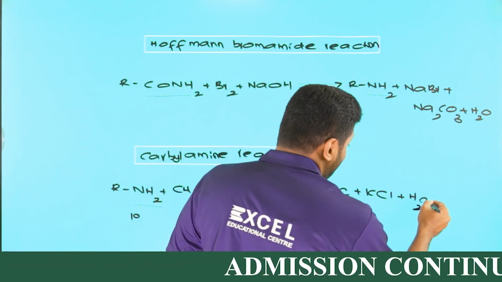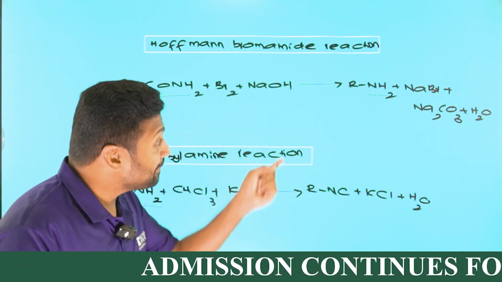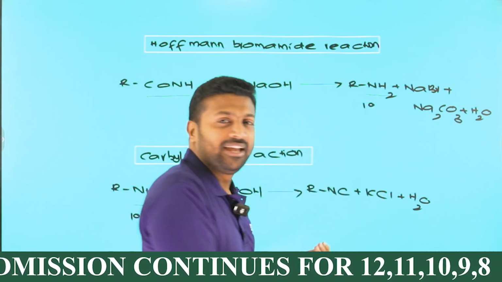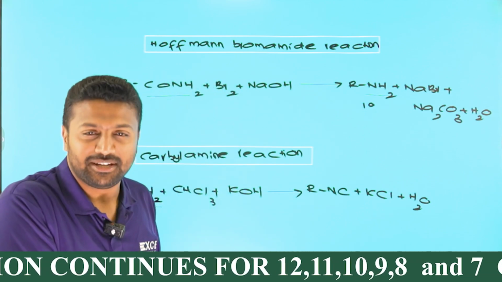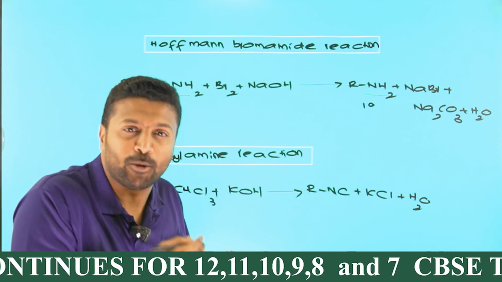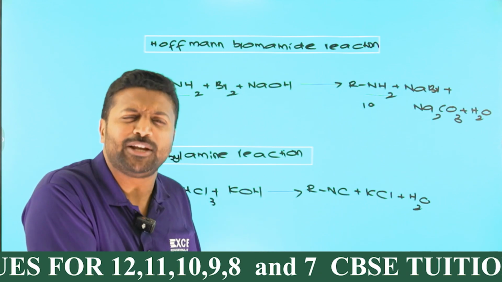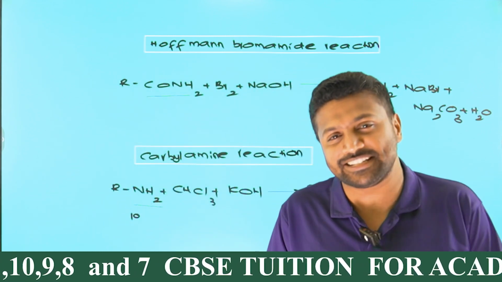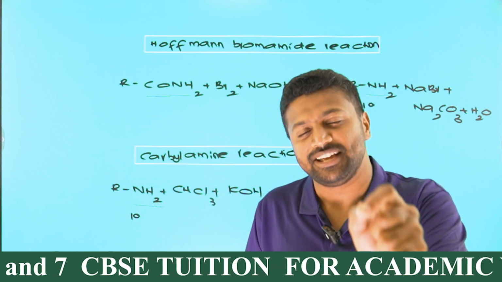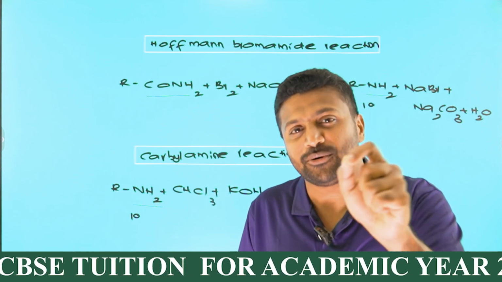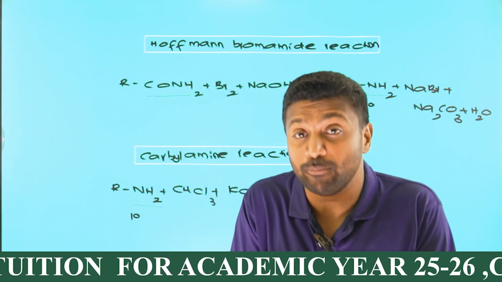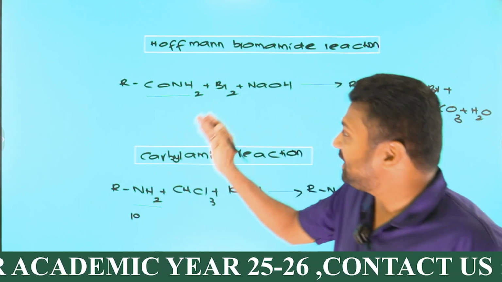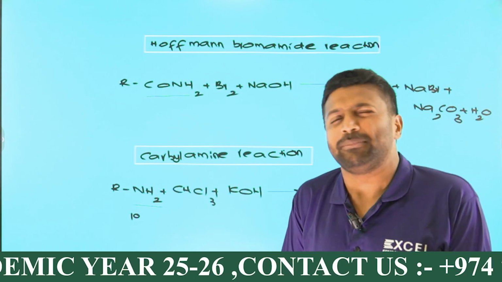That means the Hofmann bromamide reaction is a preparation of primary amine, whereas the carbylamine reaction is a reaction of primary amine. Like I said, in the Hofmann bromamide reaction, acid amide RCONH2 is passed over bromine in presence of NaOH, same as KOH, and CONH2 becomes simply NH2, primary amine.